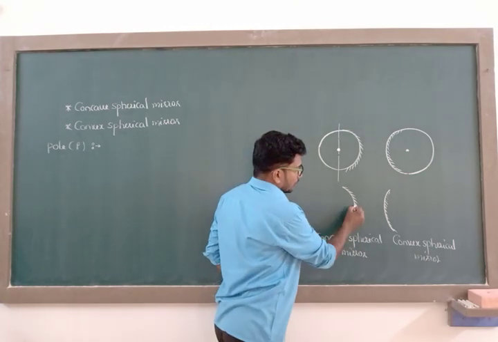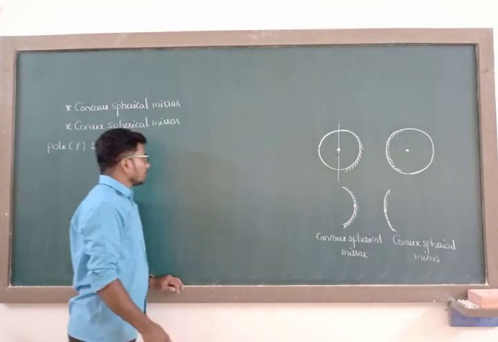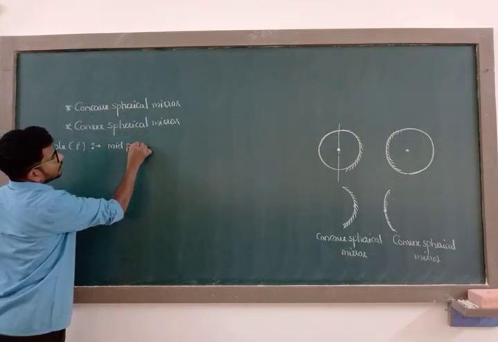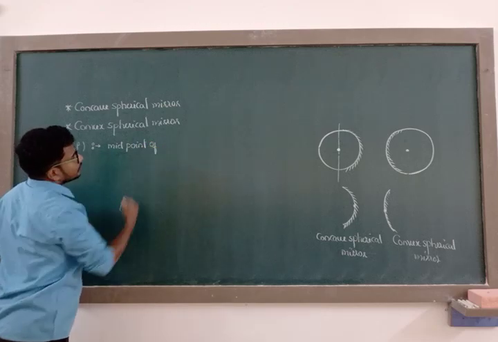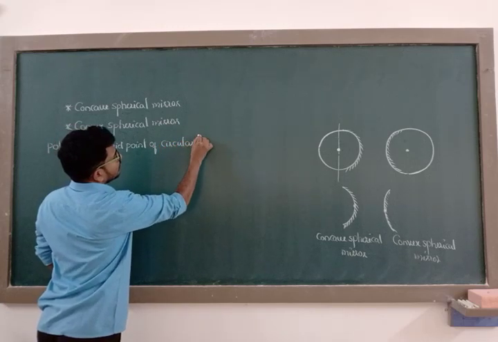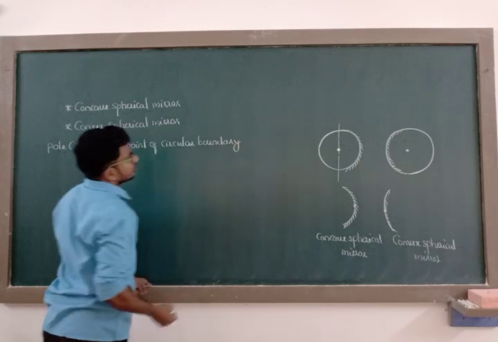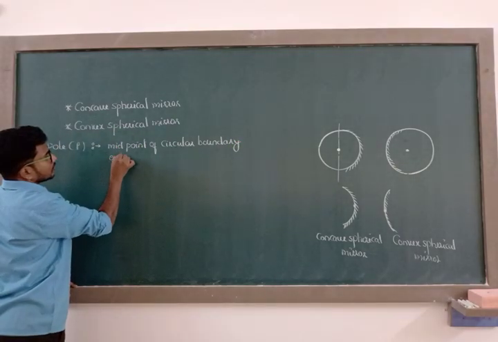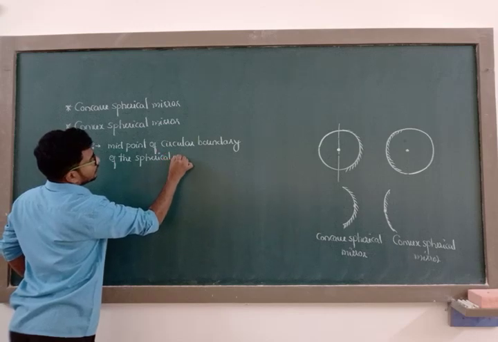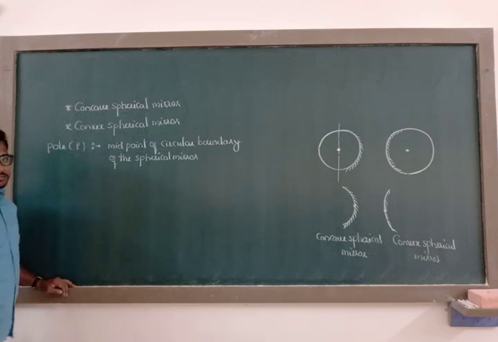So here this point is known as pole, the midpoint of the circular boundary of the spherical mirror. That is known as pole and it is represented by P.